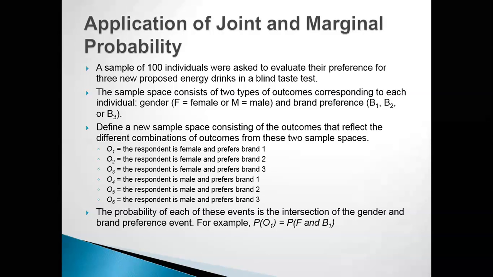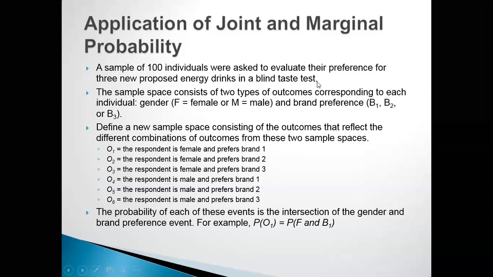So here is one of the examples on your screen. It's an example where we took a sample of 100 individuals. A sample of 100 individuals were asked to evaluate their preferences for three new proposed energy drinks in a blind taste test.